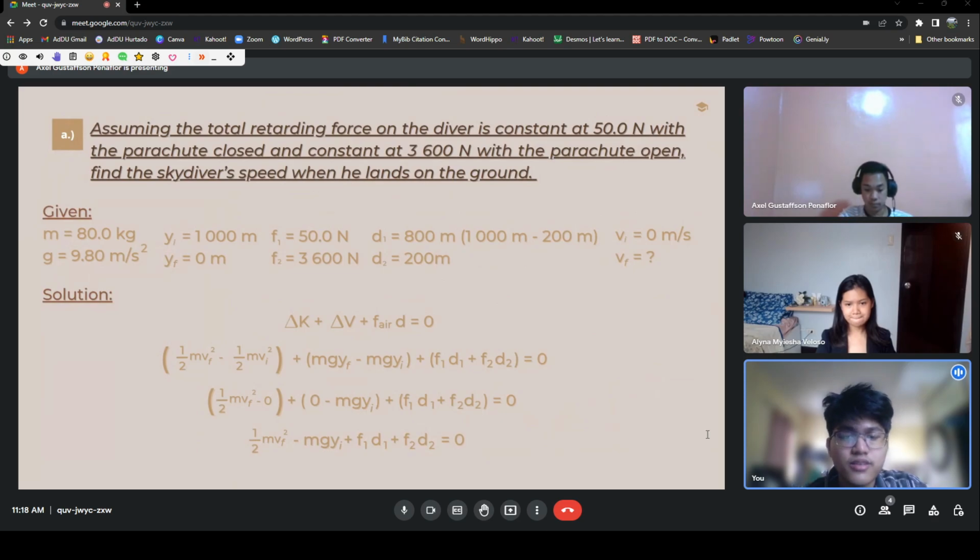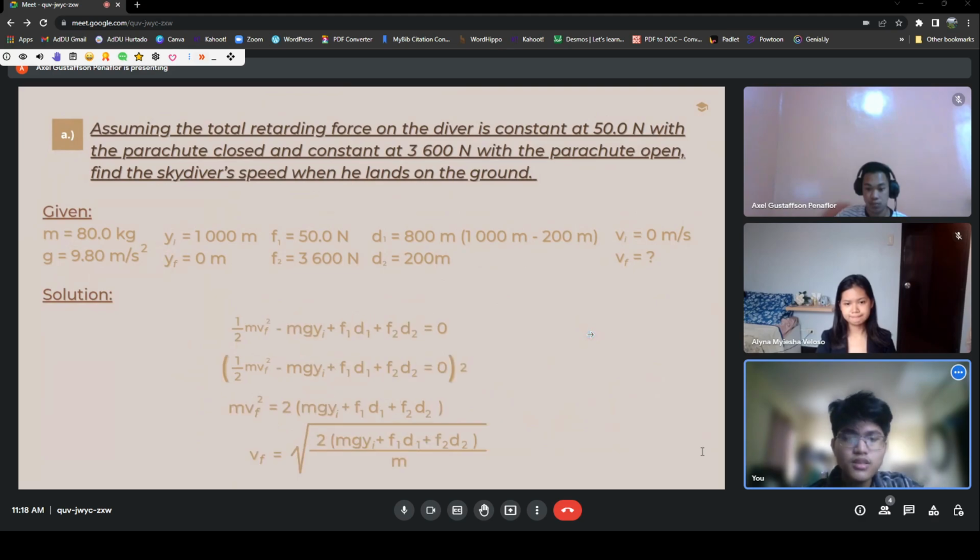Lastly, the initial velocity or speed is equal to 0 meters per second, and letter A is looking for the final velocity. We'll be applying the conservation of energy equation to the given situation, which is the difference of kinetic energy plus the difference of potential energy plus the force of air multiplied by the distance equals 0, where the retarding force of air is the same as friction.